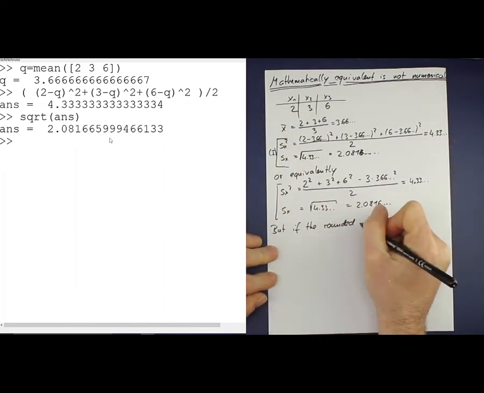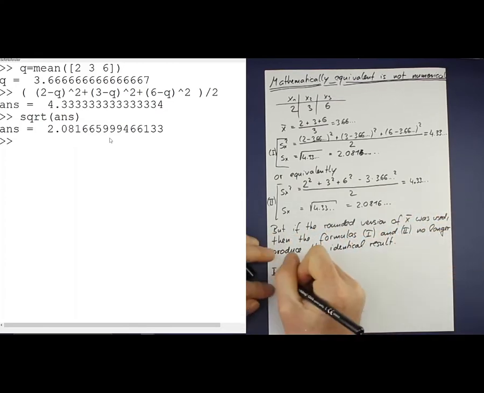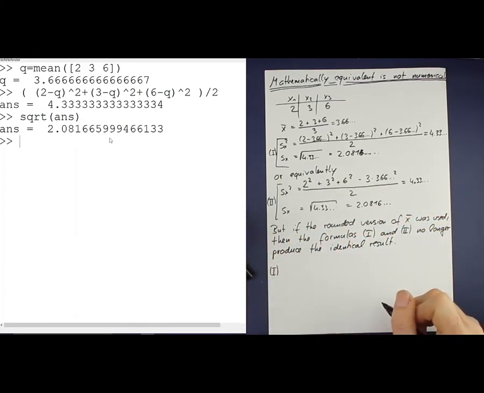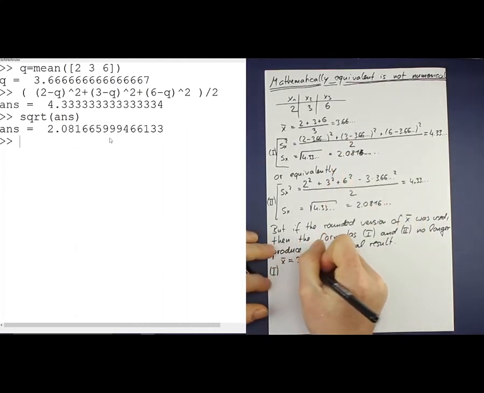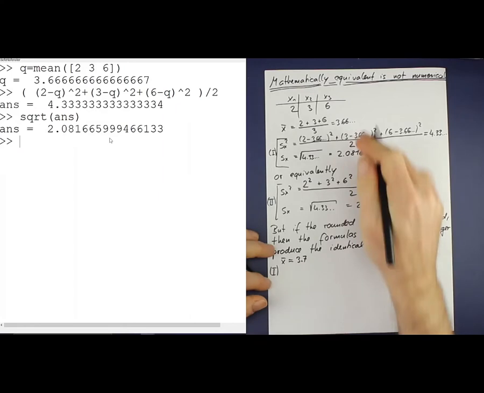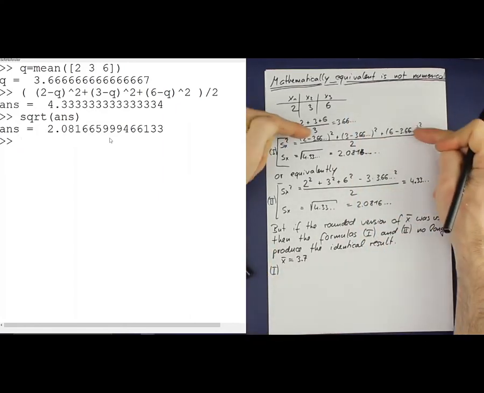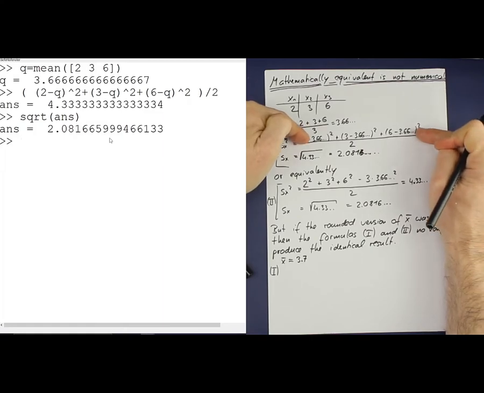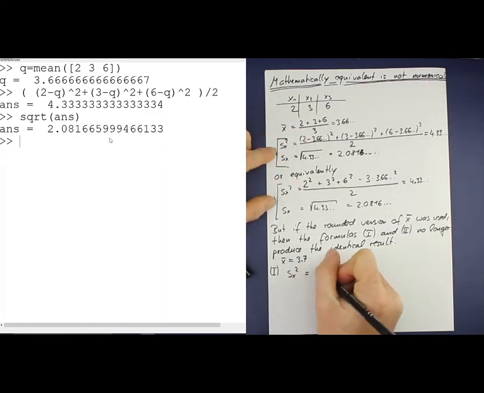But let's say we use the rounded version of that number, which is 3.7. Rounded version, 1 digit after the decimal point. So let's check what is the result of this formula, and let's check what is the result of that formula.